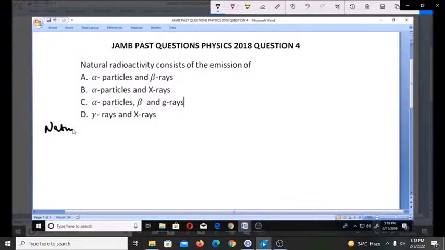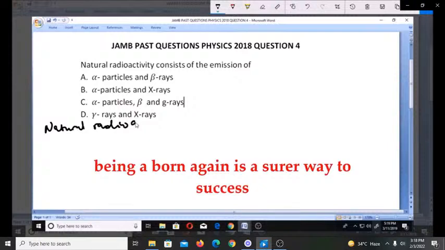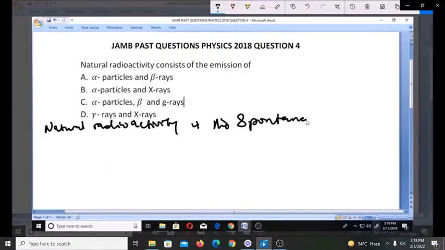radioactivity. And we'll have that natural radioactivity is the spontaneous disintegration. Natural radioactivity is the spontaneous disintegration or splitting.